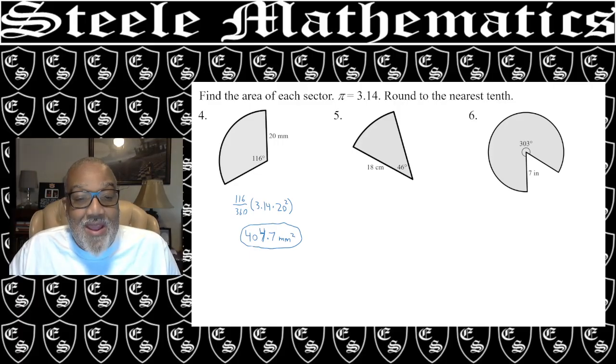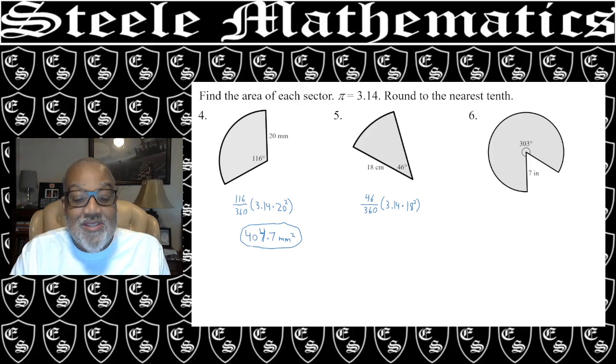So in number 5, we have 46 over 360 times pi, which is 3.14, times the radius squared, or 18 squared.